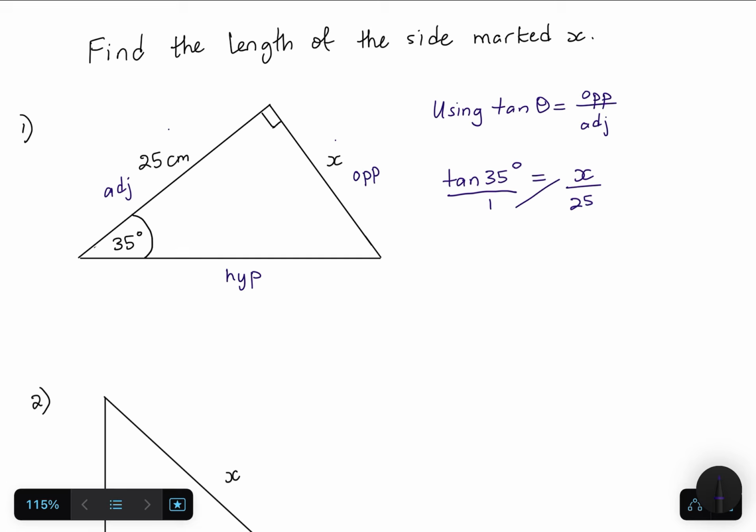So it will be 1 times x, which is x, and 25 times tan 35. And there you'll have x is equal to 25 times tan of 35 degrees.